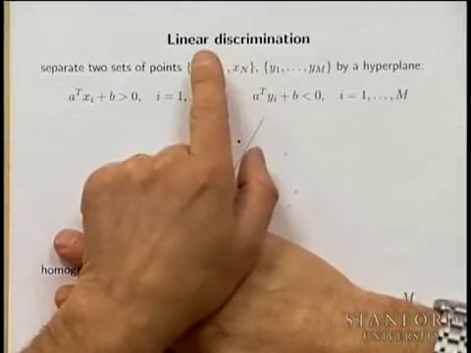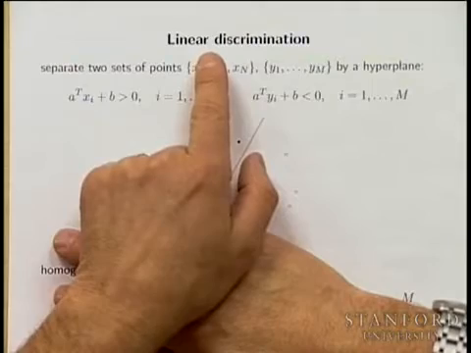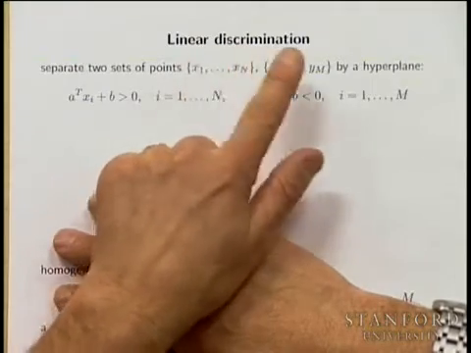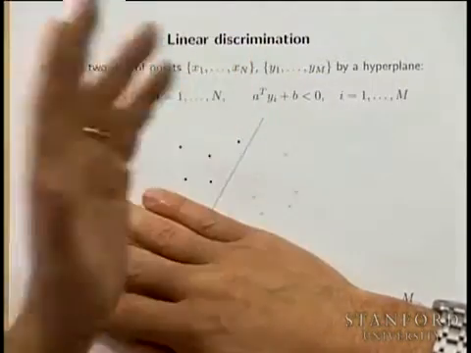Let's look at another topic, the idea of discrimination, classification. It's got lots of names. Let's see how that works. So you want to separate. Here I have a bunch of points in R^n, and they're labeled. They have binary labels, or binary classification.